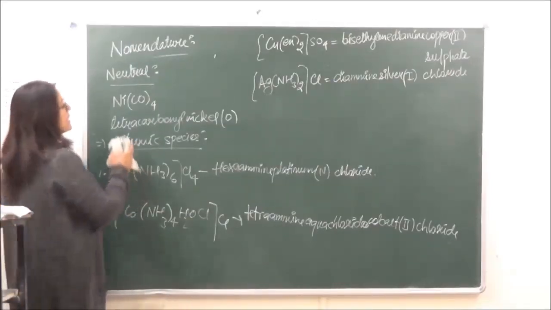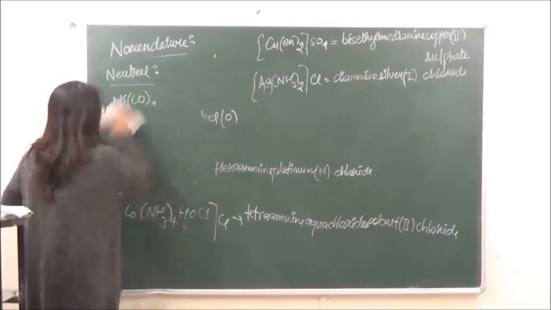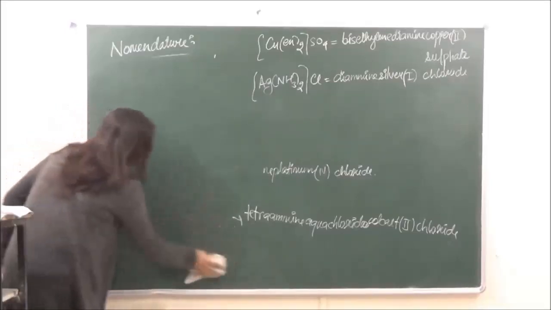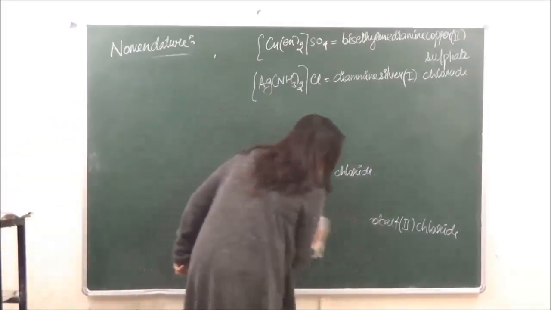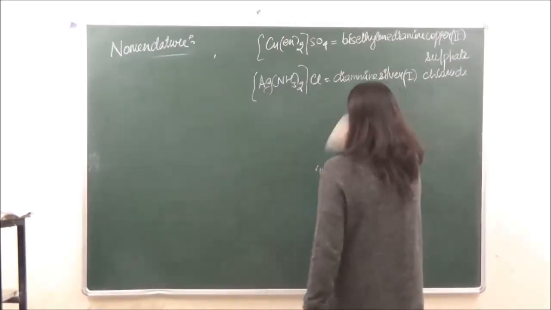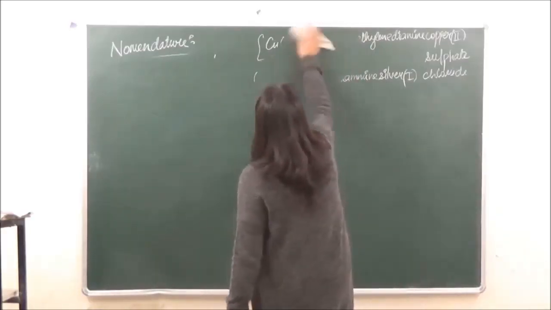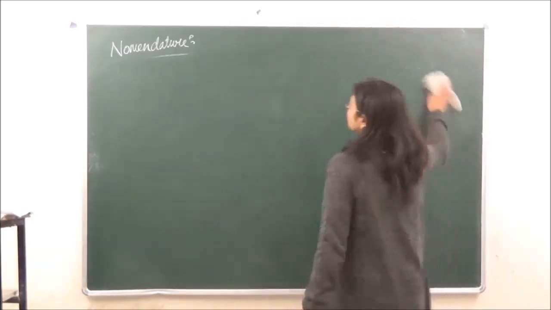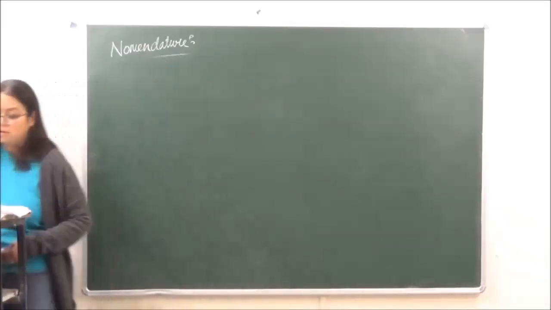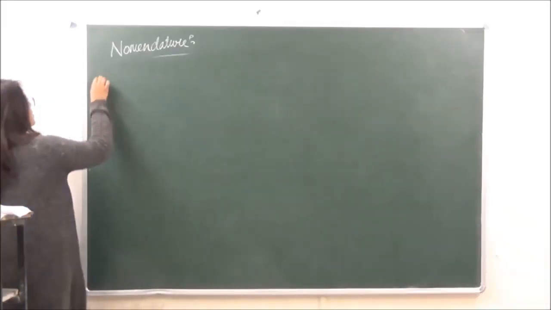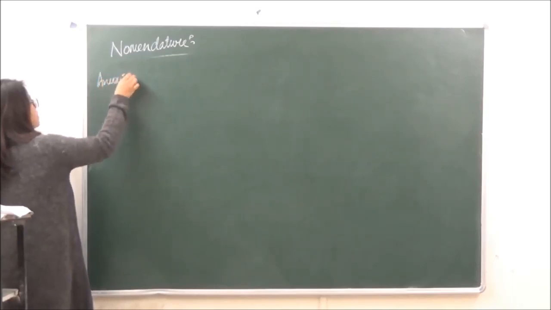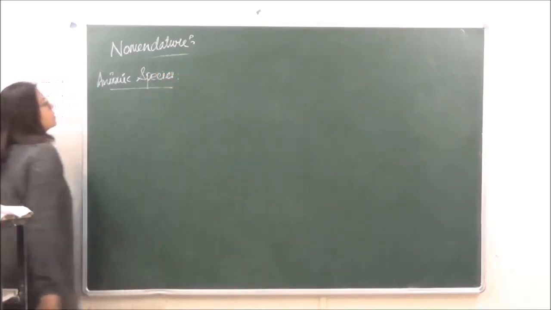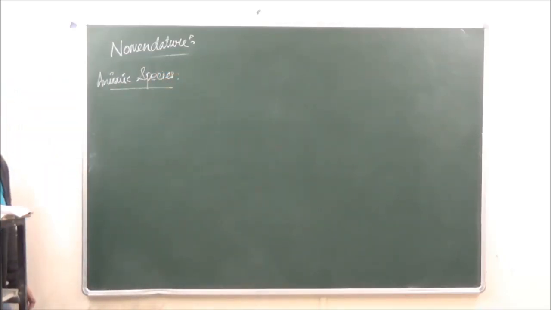Now we want to take some examples of anionic species.